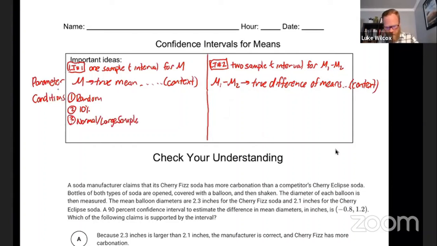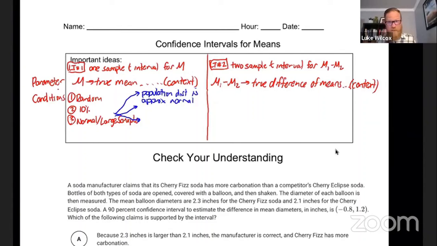I think it's worth making a quick note about this normal large sample condition. There are actually 3 different ways that this condition could be satisfied. The easiest way is sometimes in the problem, they will tell you that the population distribution is approximately normal, which would automatically mean that the sampling distribution is approximately normal.